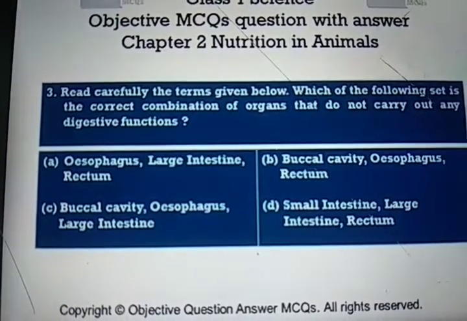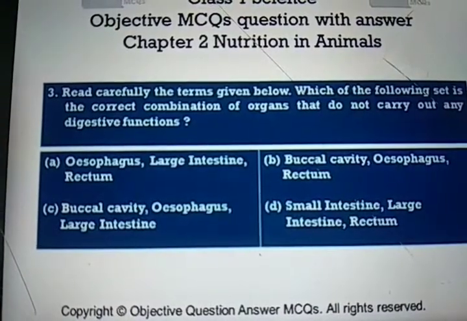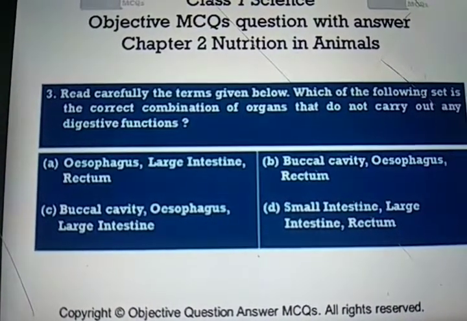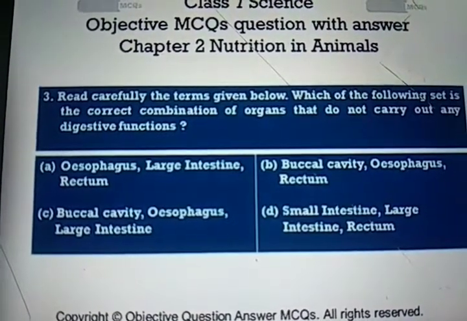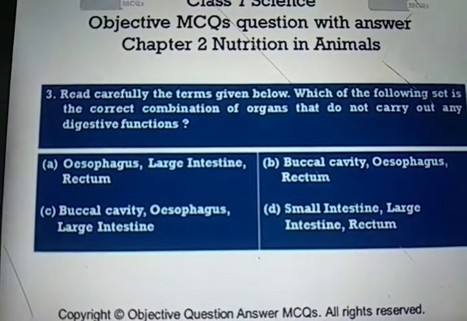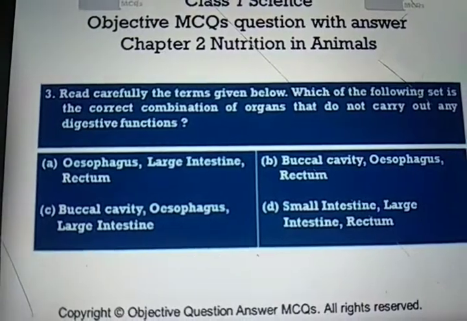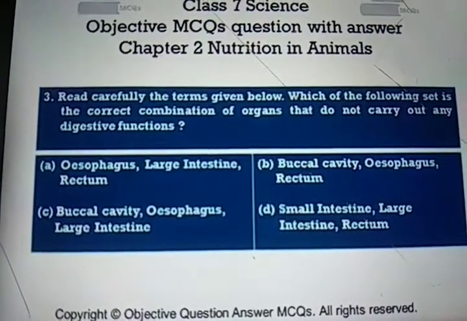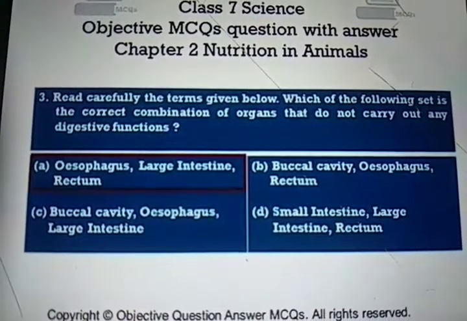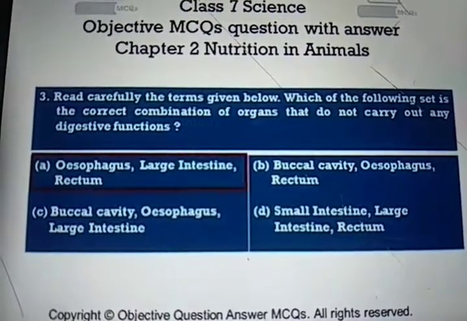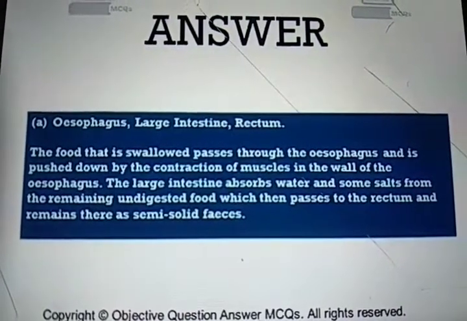Option C, buccal cavity, esophagus, large intestine. Option D, small intestine, large intestine and rectum. And the right answer is option number A, esophagus, large intestine and rectum.